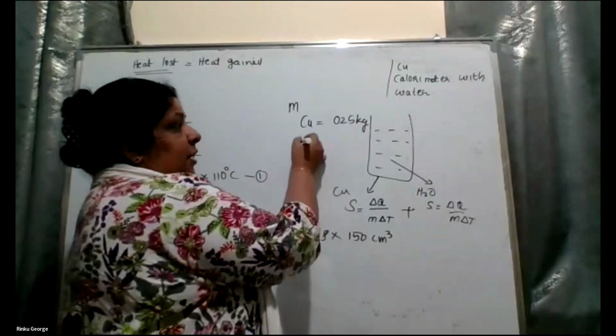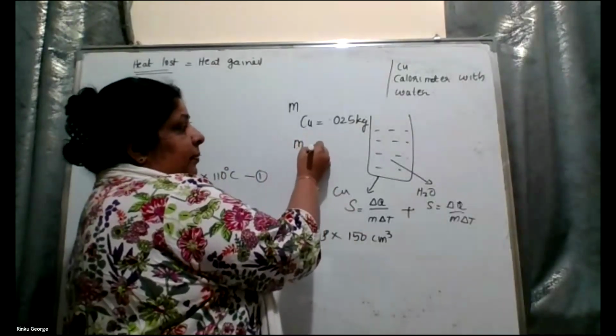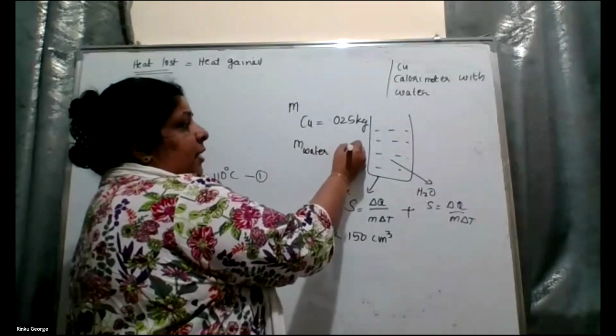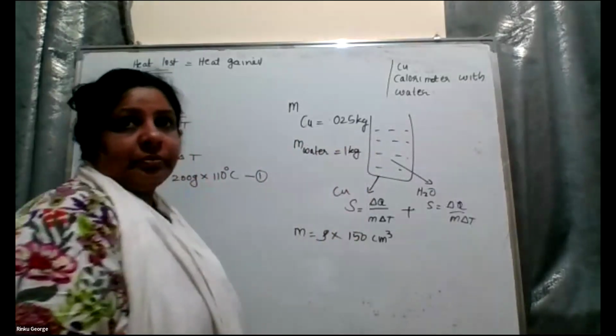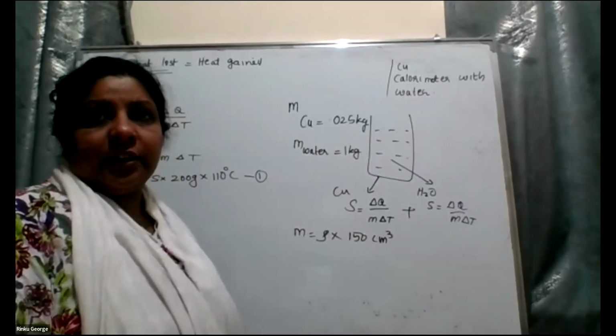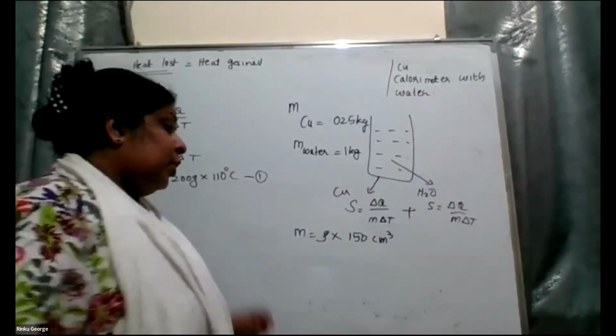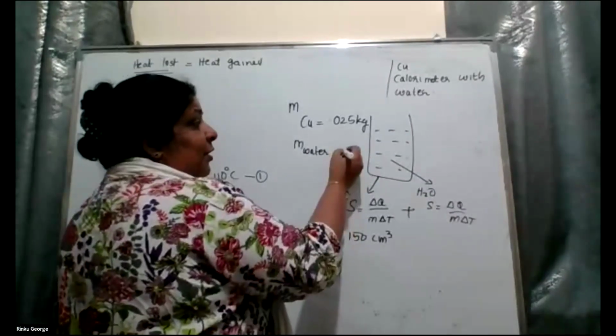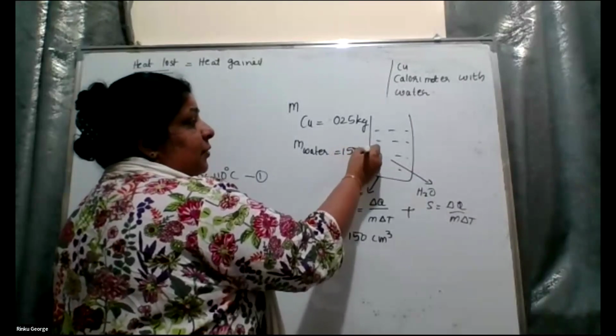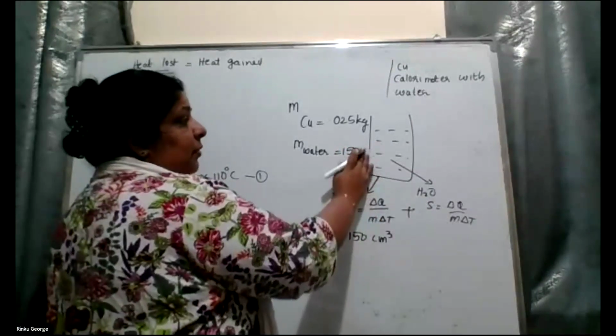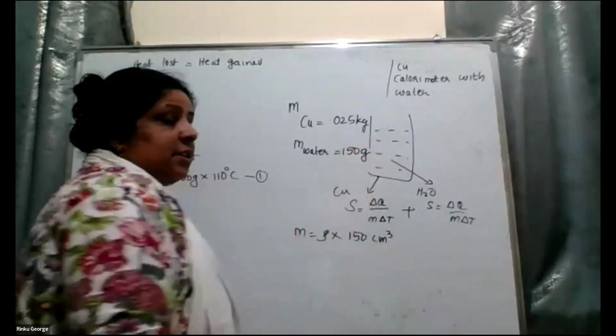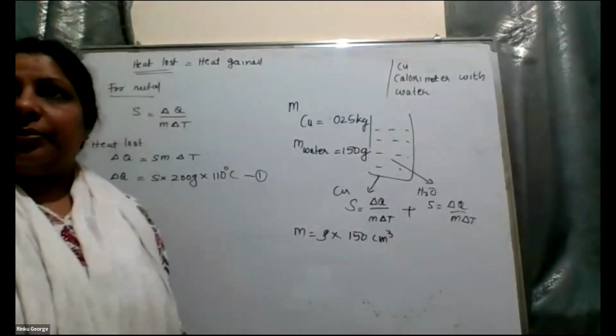So 1 into 150, mass of water will be 150 gram you will take. It's in CGS. Understood? Okay.